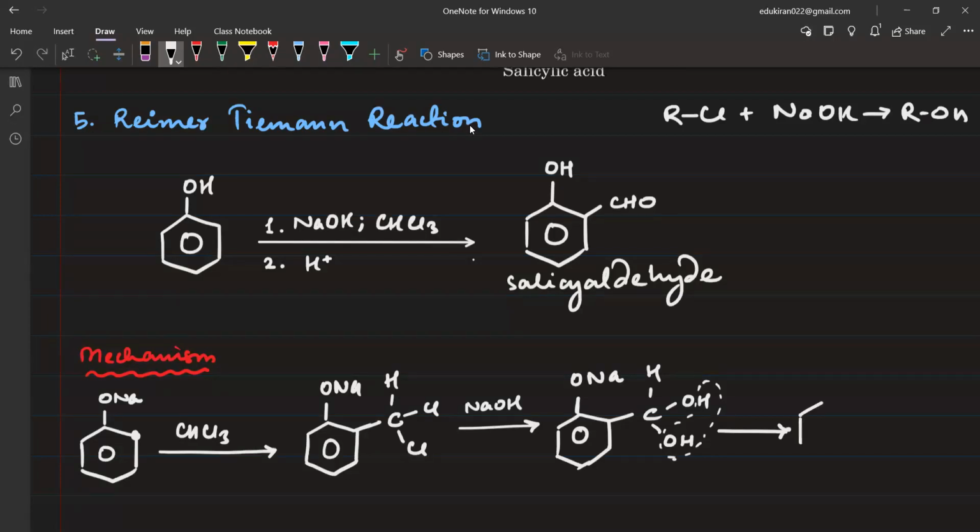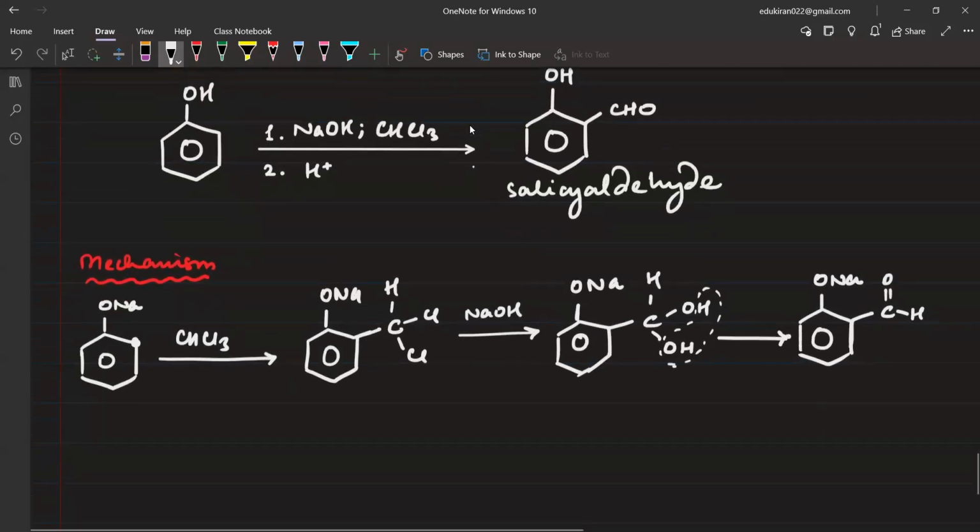Water is removed, and you will get the ONa as it is, and here carbon with hydrogen as it is, and double bond O. If you look at the first class, you will see that if we have two OH and one hydrogen, it gets converted to aldehyde. The same thing is happening here. And on further hydrolysis in the presence of H+, I will get the OH of phenol back, and this will be CHO.